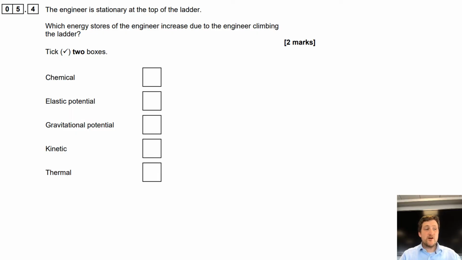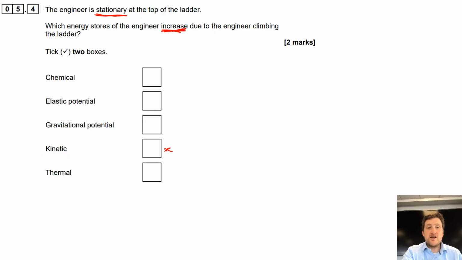The engineer is stationary. Again, we're looking for all these different words in our questions. Stationary means not moving. Okay, which energy stores of the engineer increase? Again, we're looking for something going up due to the engineer climbing the ladder. Well, he's climbing the ladder, he's at the top. What has increased? Well, it's not going to be kinetic because he's stationary.